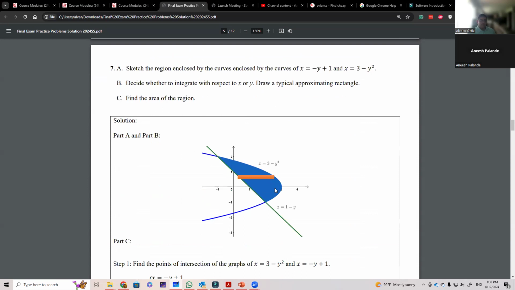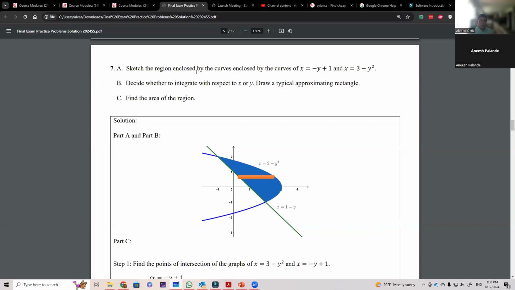Now, sometimes what you're going to find is that the area is not as easy to find in certain setups. So for example, we have: sketch the region enclosed by the curves x equals y minus 1 and x equals 3 minus y squared. So this is a curve that is in terms of y.